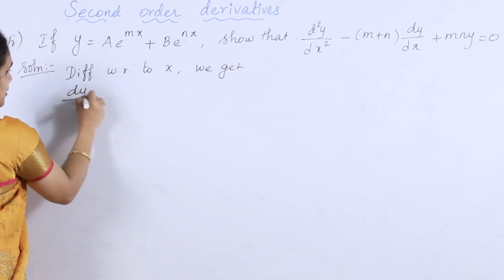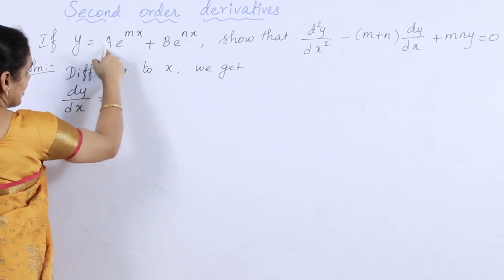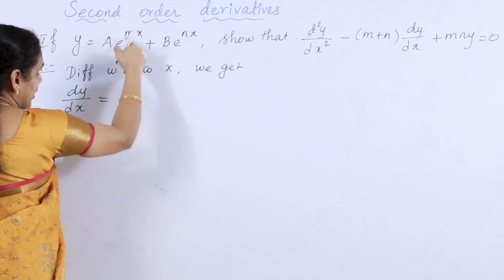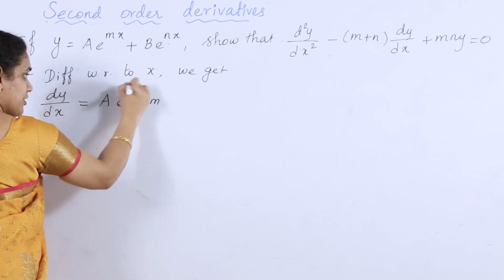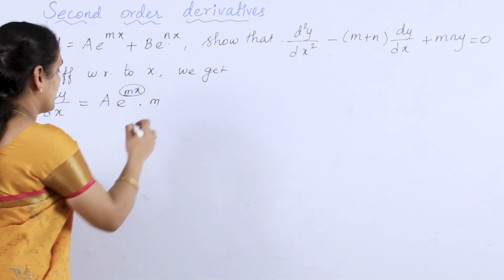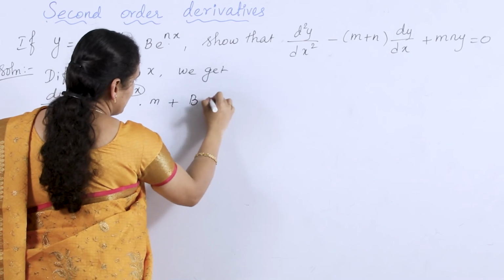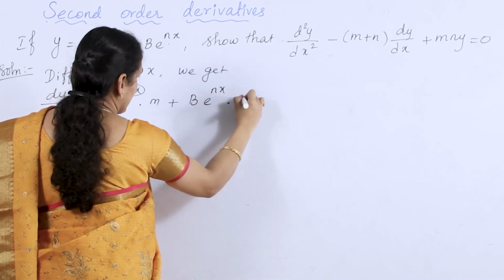If you differentiate with respect to x, we get dy by dx is equal to a e power mx into m, because a is a constant and the derivative of mx is m, plus b e to the power nx into n.